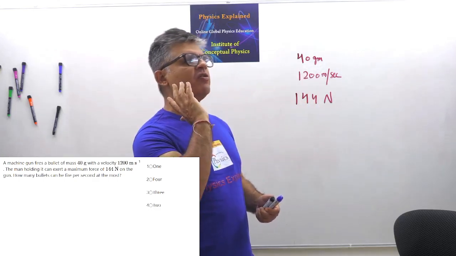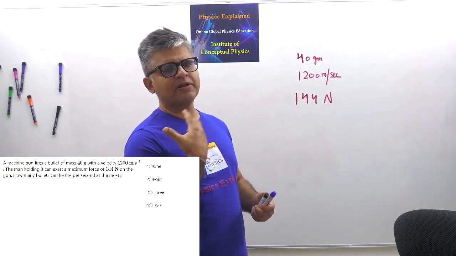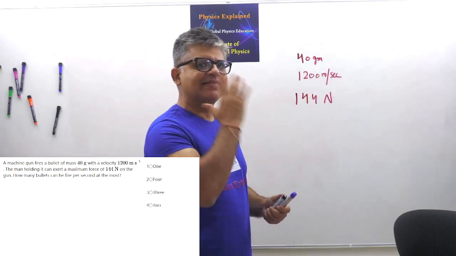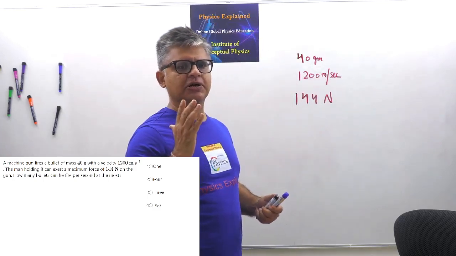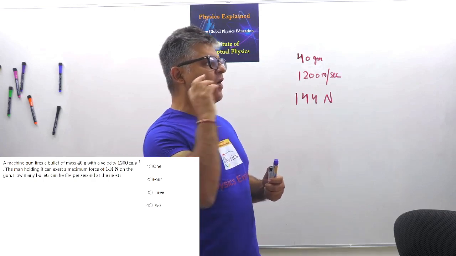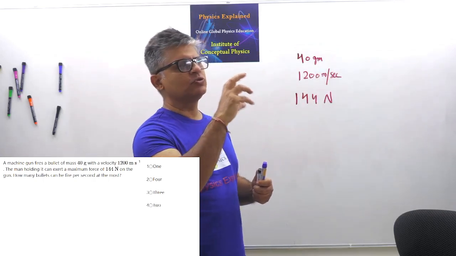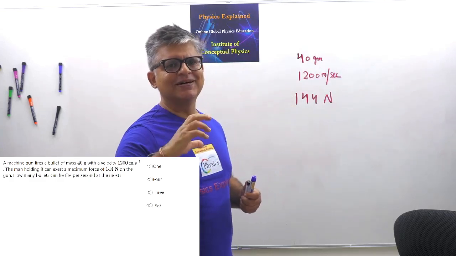So the number of bullets result in momentum, and that momentum per second is producing a backward jerk. So I'm converting the story from the forward momentum to the forward force, and then a backward force due to the third law of motion.